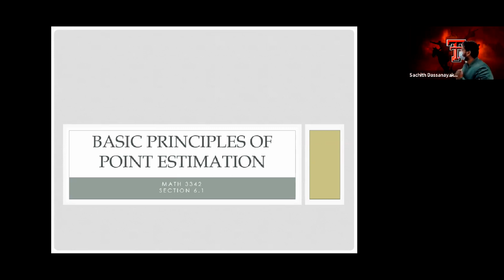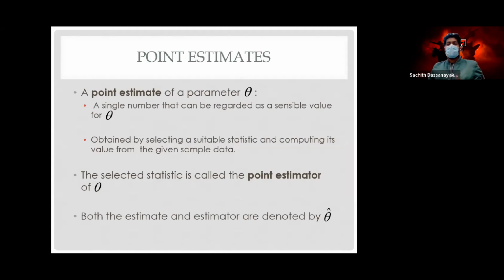So we try to approximate the mean, or any other parameter. Let's say theta is our parameter, we try to estimate that. Since we are estimating, we call it theta hat.